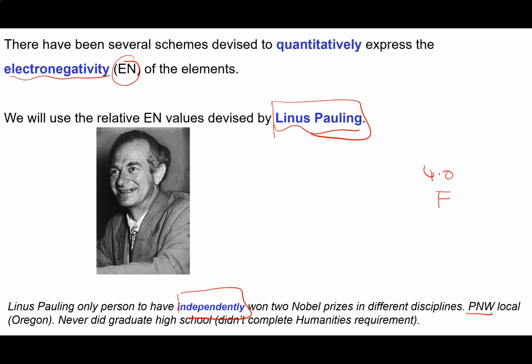What's interesting about him is that he was a really outstanding student during high school and his undergraduate career, but he really didn't like taking those humanities and social science credits. He was allowed to move on into the university even though he hadn't finished his high school diploma. And similarly, they kind of just cracked and gave him his bachelor's degree even though he didn't quite complete all of the requirements, because he was an amazing science student.